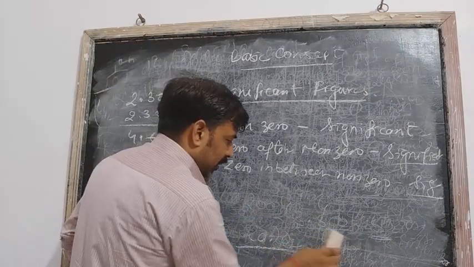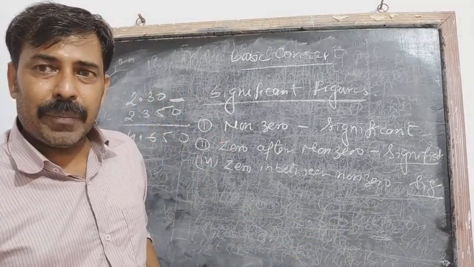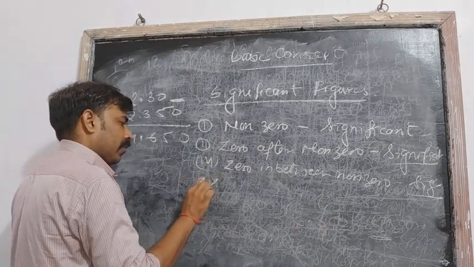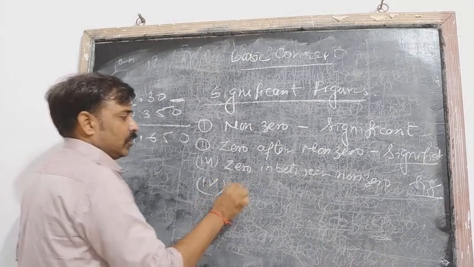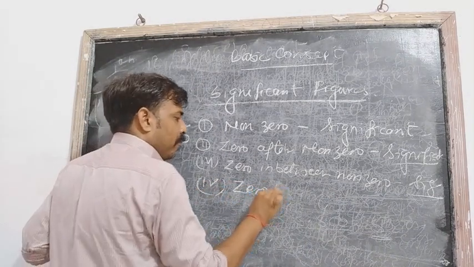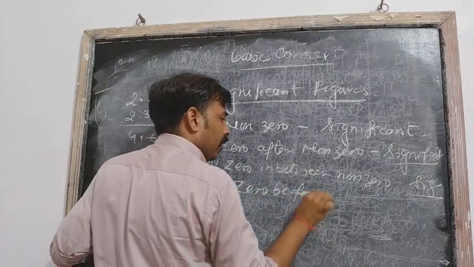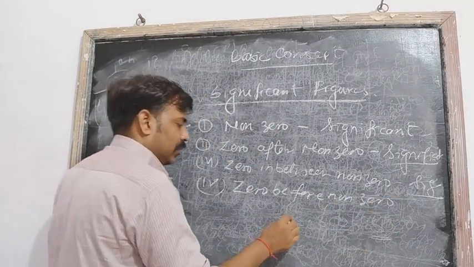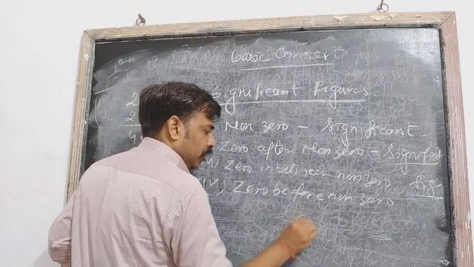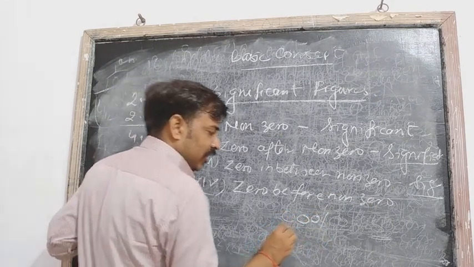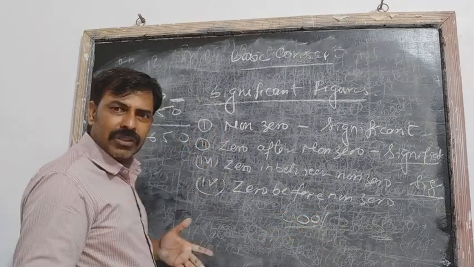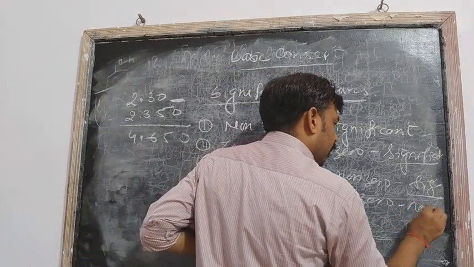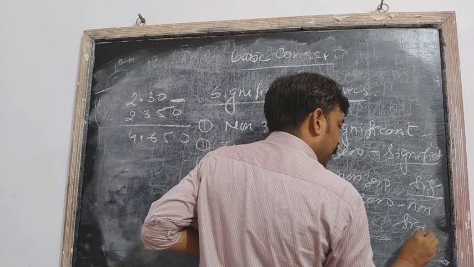But in the third condition, when the 0 is coming before a non-zero, for example, if this is the number 0001, these zeros don't have any significance, so they are non-significant.